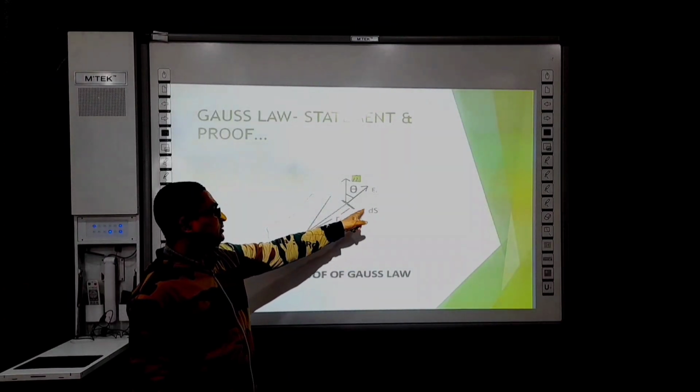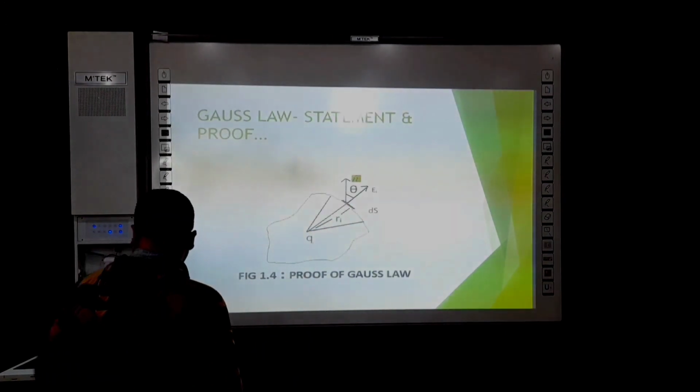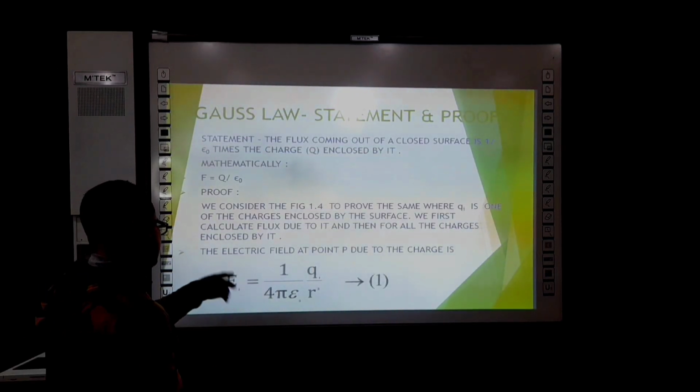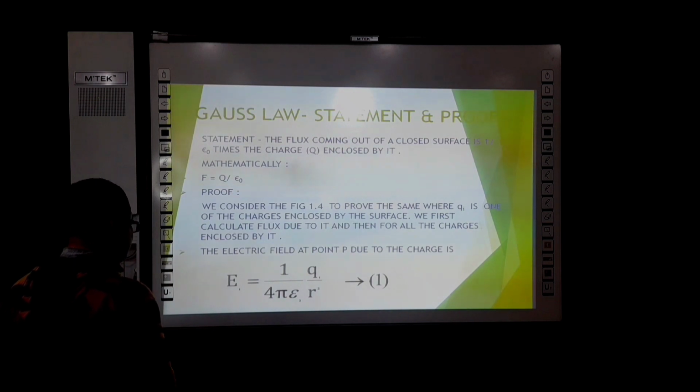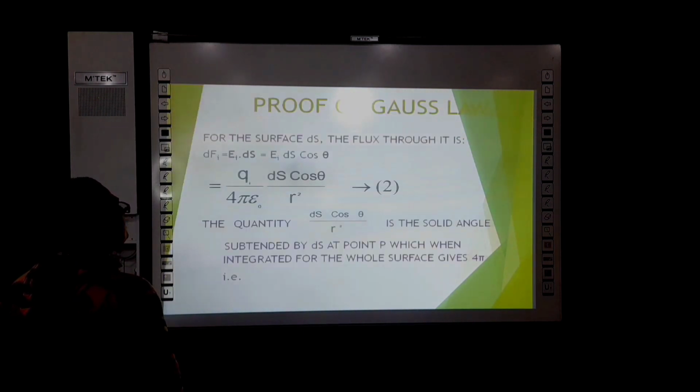Let me say that this point is P here, and that's where the surface resides. So this is the electric field where Qi is the charge and r is the distance between point P and the source.